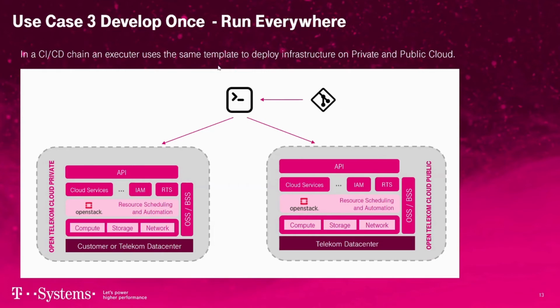We just show a portion of it. So imagine you have a Git repository where you upload your infrastructure as code, and you have the executor. Then you just need a switch for the executor to execute your complex architectural code of the platform for the resources on both sides.